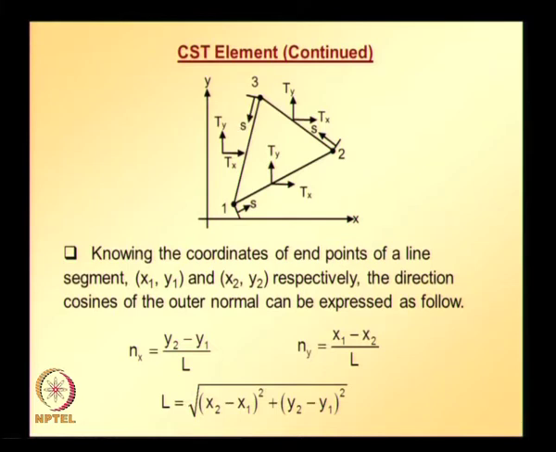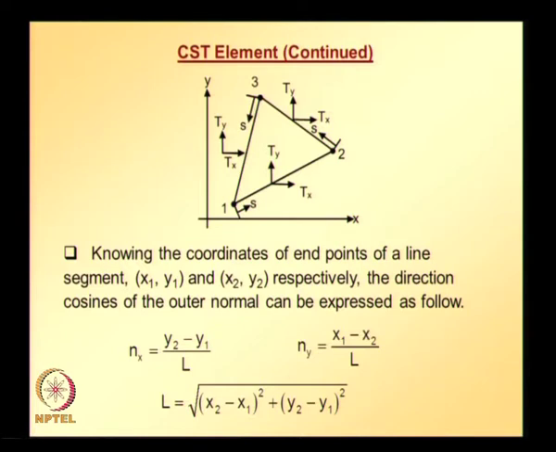And we need to carry out integration to calculate the equivalent nodal vector. These integrations can be performed in closed form if the specified surface tractions Tx, Ty are simple functions of x and y. When I say simple functions, if Tx, Ty are constant, then it is much easier.